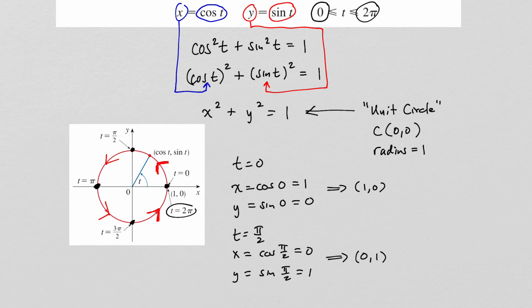So basically, this gives us the unit circle with counterclockwise orientation and a single revolution, right? Because the beginning and the end are at the same point, and we did trace through this only one time between 0 and 2 pi.